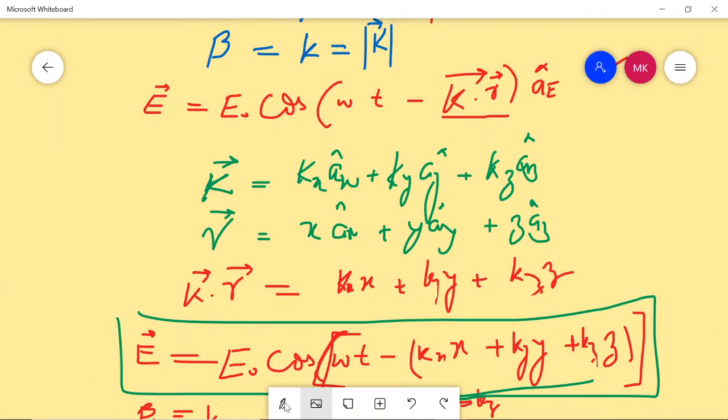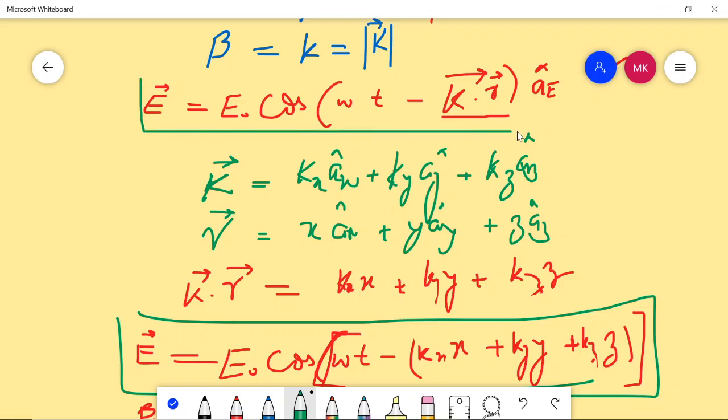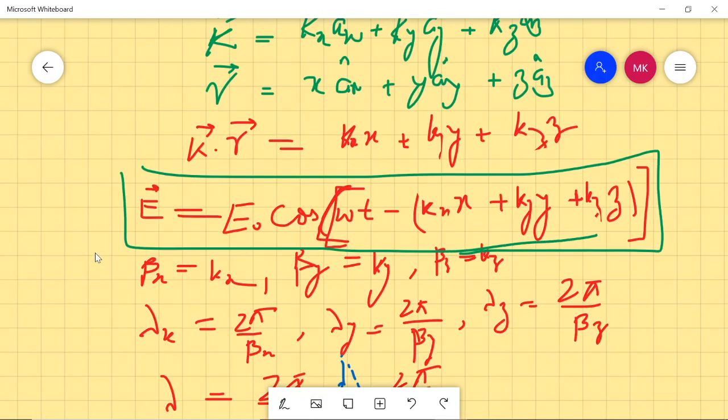Both are generally used to show the wave moving in the general direction. So this part will represent the general direction. Now we can write this equation in terms of the direction cosine, so let's move to what is meant by direction cosine.